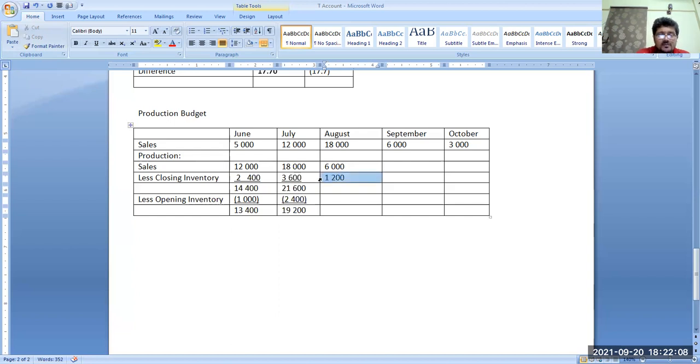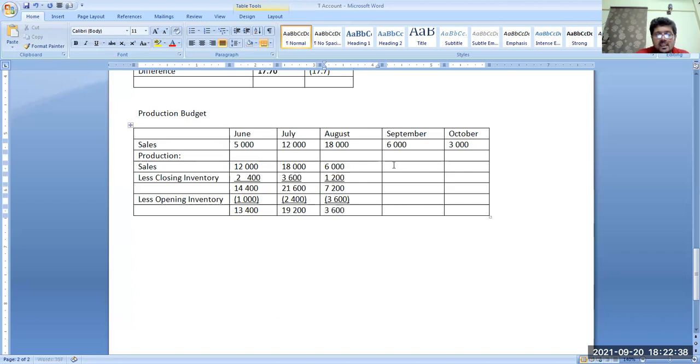Now total is 7,200. This closing inventory in July would be the opening inventory in August, that is 3,600. And total production would be 7,200 minus 3,600. Total is 3,600.